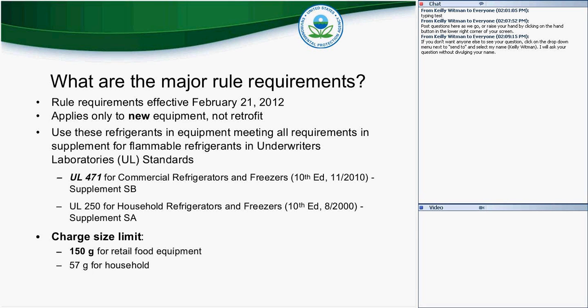I have heard that in other countries there are some companies looking at hydrocarbons for use in air conditioning, and we've received a submission to our program with information about a hydrocarbon blend for use in room air conditioners, and I understand that UL has recently revised their standard for room air conditioners, so that would be probably the first place where we'll see something like that.